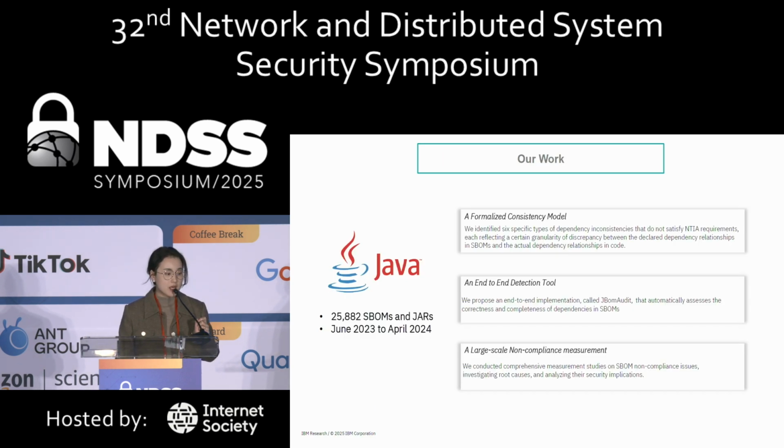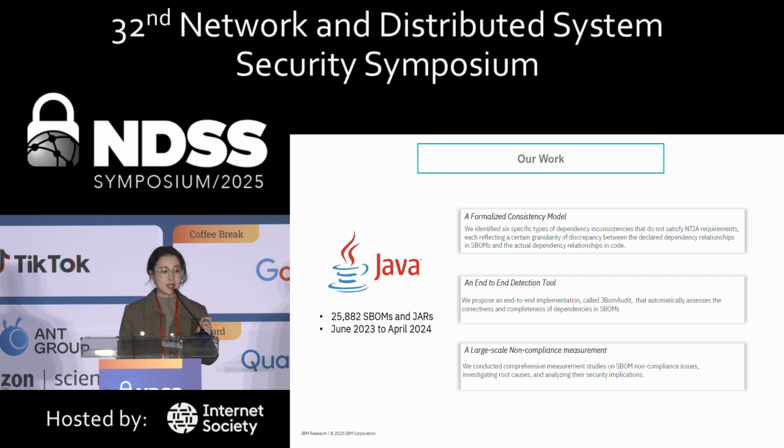In our study, we mainly focus on SBOMs in the Java domain. This is because SBOM adoption in other languages is still in the early phase. We are unable to collect a significant number of SBOMs for projects written in C, C++, Python, or other languages. In the Java domain, we were able to collect more than 25,000 SBOMs and their corresponding jar files.